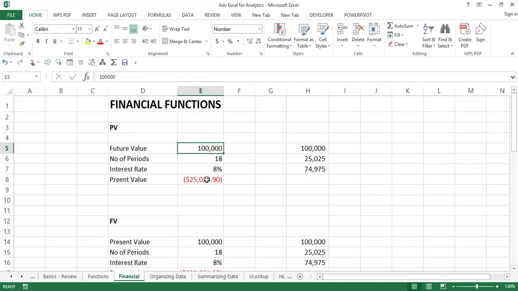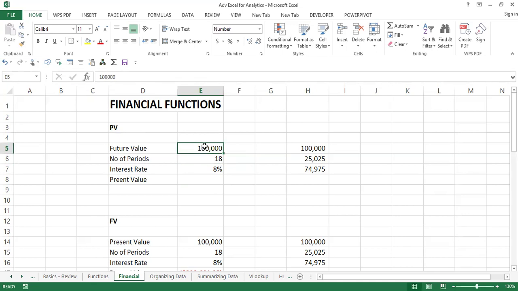You don't know this amount yet. You just want to know how much you have to deposit, such that at an interest rate of 8% for 18 years, you have 100,000 naira.